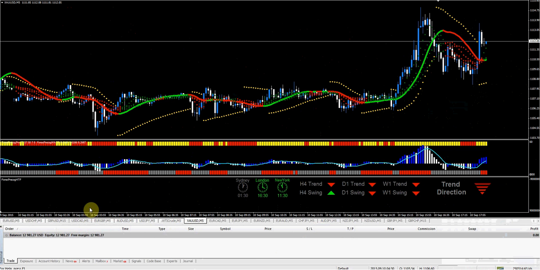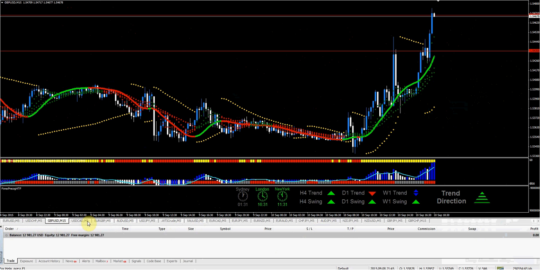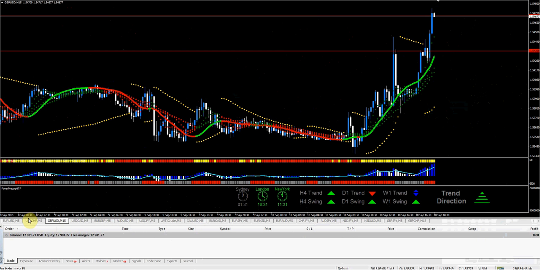All right, so nothing that I'm seeing right now. And of course, you guys can expand your currency pairs. These are just the ones I'm choosing to use here. So I think that's going to be it for me for today.